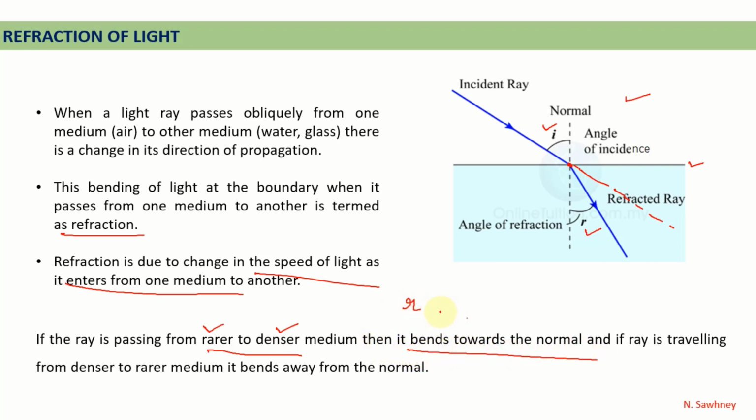That means when we are traveling from rarer to denser medium, the ray will be bending towards the normal. And if the ray is traveling from denser to rarer medium, then the ray will bend away from the normal.